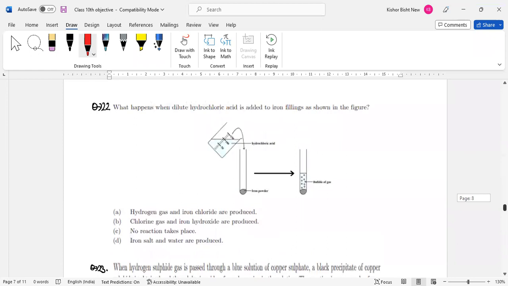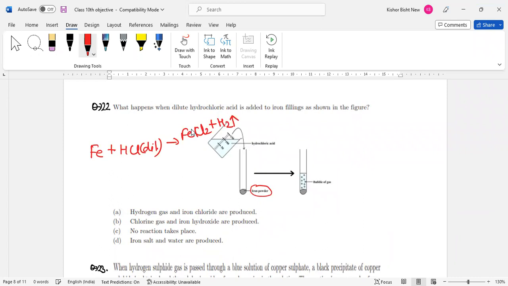Now come to question number 22. What happens when dilute hydrochloric acid is added to iron filings? Iron filings means iron powder, Fe. It reacts with dilute hydrochloric acid, HCl, and all of you know that it will form FeCl2 plus hydrogen gas.